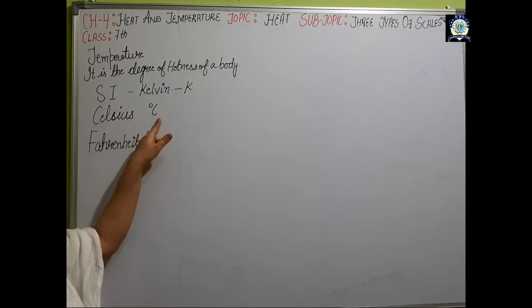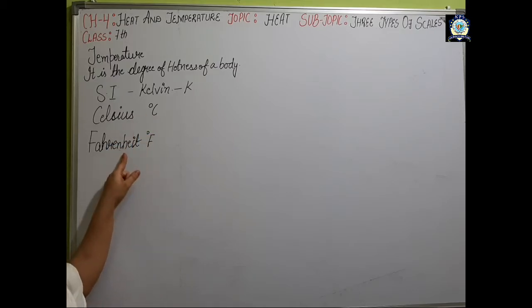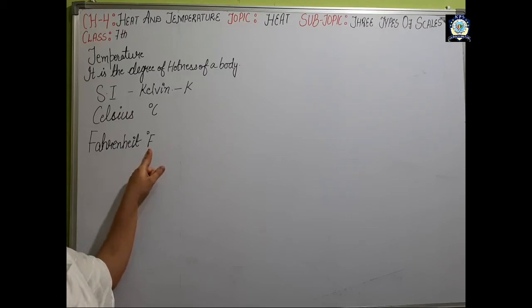Celsius scale is represented by degree C and Fahrenheit scale is represented as degree F. It is called as degree Celsius, it is called as degree Fahrenheit.